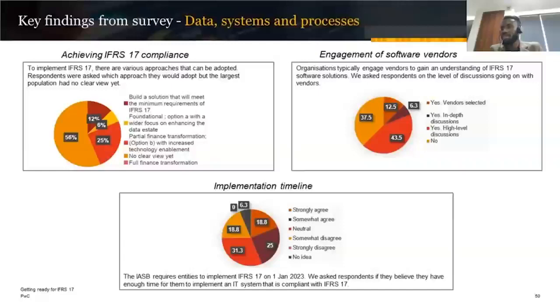On the expected duration, the amount of time it would take to complete IFRS 17 implementation, 38% of our respondents said they are unsure how long it would take. About 13% think it would take between 0 and 12 months.